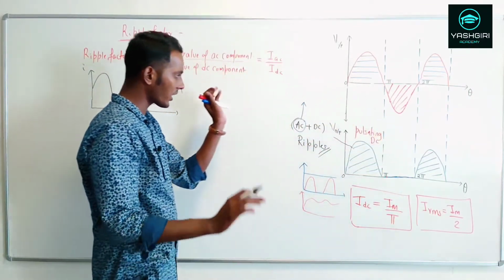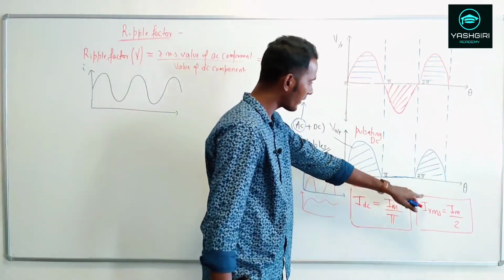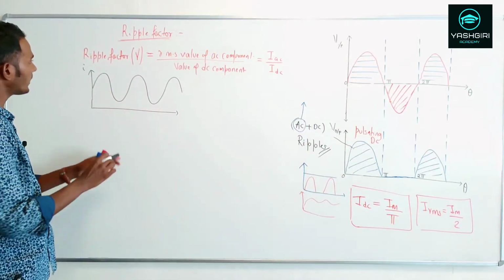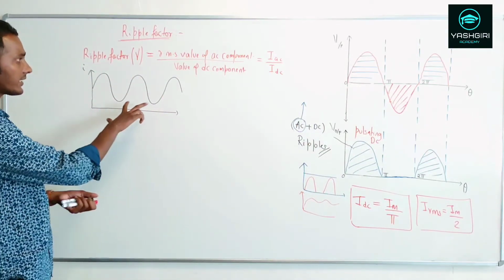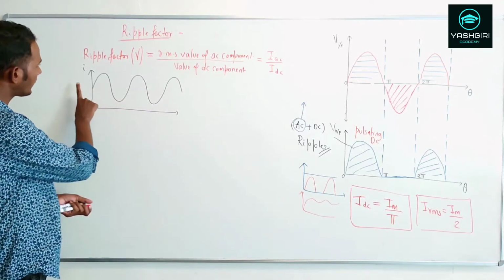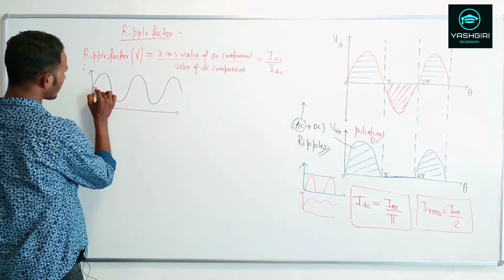Let's go in general first, and then we will substitute the IDC and IRMS values for the half wave in this general form. Here is my input signal. I call it pulsating because there is no change in polarity; the current is in one direction.